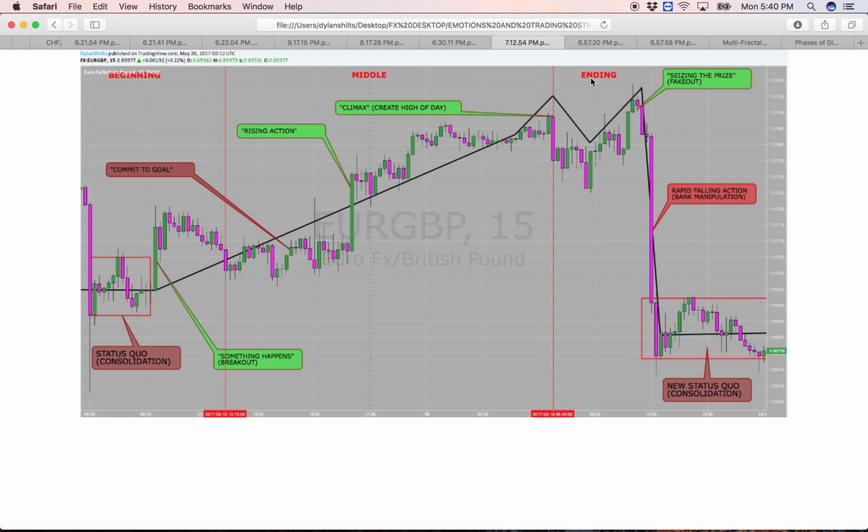And then the ending is the fake out, the fake break of that high, where the dealer seizes his prize and then drops it to the new status quo, which is just about the exact same price range as the status quo started in. Rapid falling action, the bank manipulation, like we said.